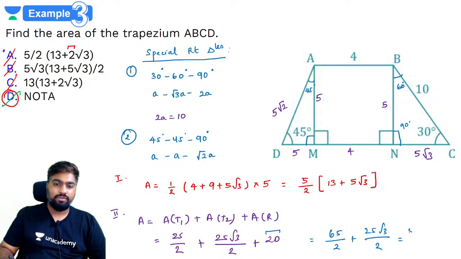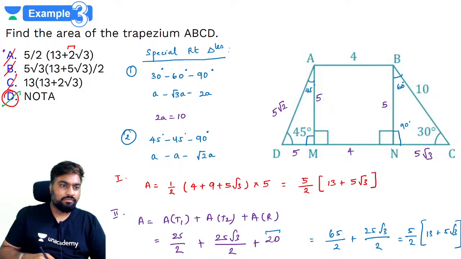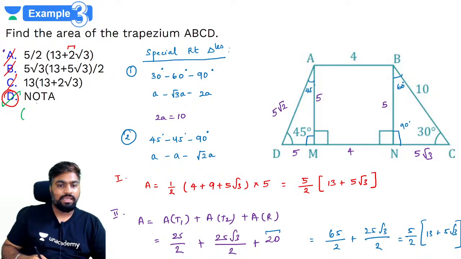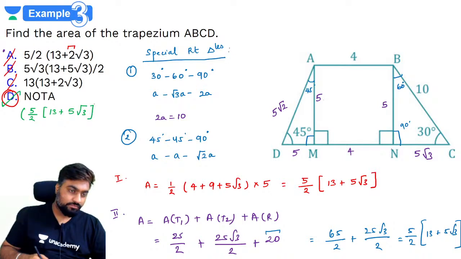If you take 5 by 2 common, what will you be left with? You'll be left with 13 plus 5 root 3. Done. Your answer is D, none of the above. Why? Because area is 5 by 2 into 13 plus 5 root 3, not 2 root 3. Please be careful about this.